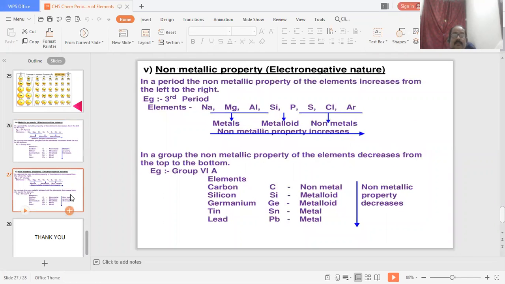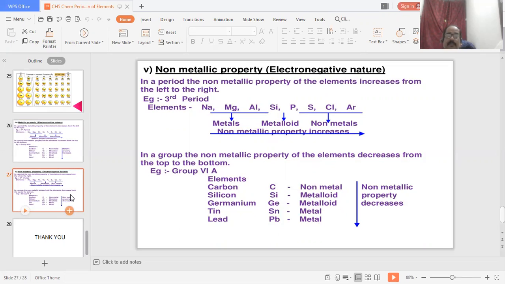And our next topic, non-metallic properties, means electronegative. In a period, the non-metallic properties of the elements increase from left to right, means electronegativity. First, the definition of electronegativity: if any type of element or atom receives or gains a number of electrons, in this case it represents negative. Suppose in the third period, the members are sodium, magnesium, aluminum, silicon, phosphorus, sulfur, chlorine and argon.